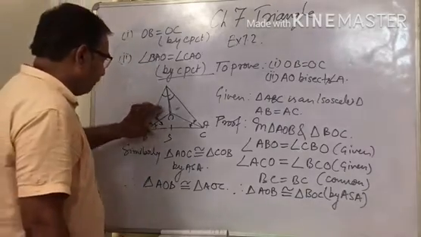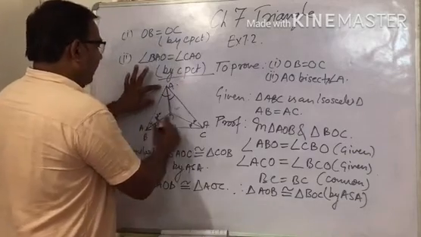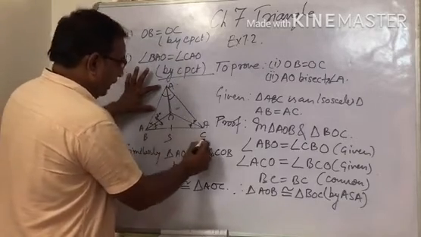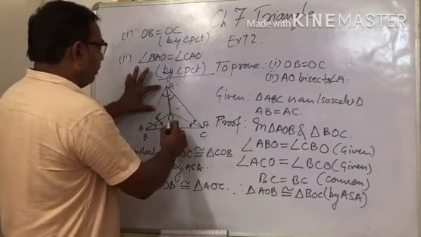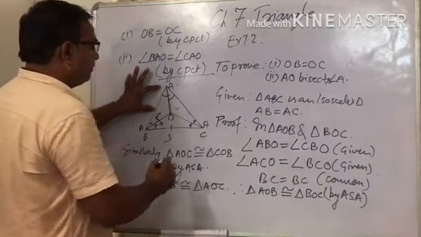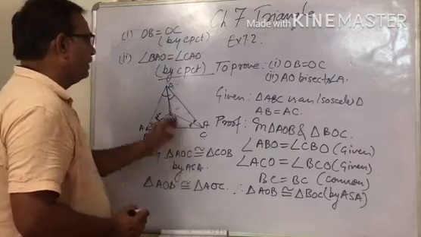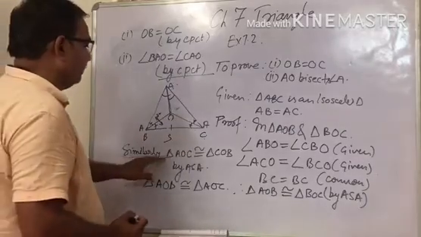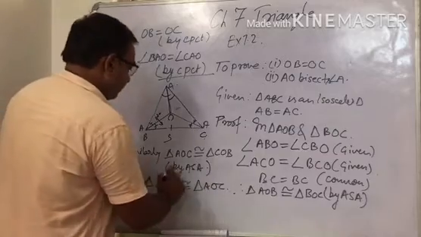So first we prove AOB congruent to BOC, then we prove AOC congruent to COB. I just wrote similarly because this is exactly similar, so we can write similarly this triangle is congruent to this by ASA.